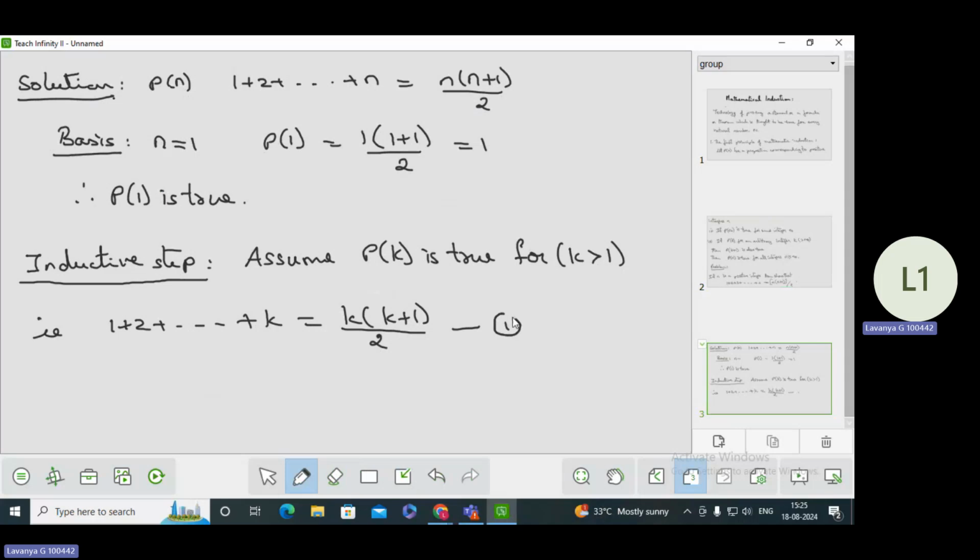Let me take this as equation number 1. Now what I have to prove? I have to prove 1 plus 2 plus etc. plus k plus 1 is equal to k plus 1 into k plus 2 divided by 2. This is what I have to prove.